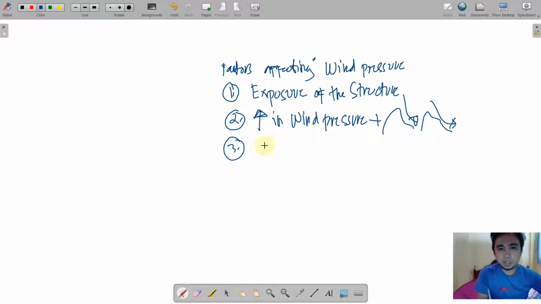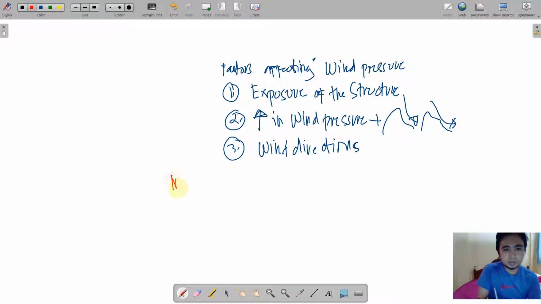And for number 3, the wind direction. So there are factors that consider the wind directions. All of these 3 will be incorporated in the formula of mean velocity pressure. So what is mean velocity pressure? That is QZ.